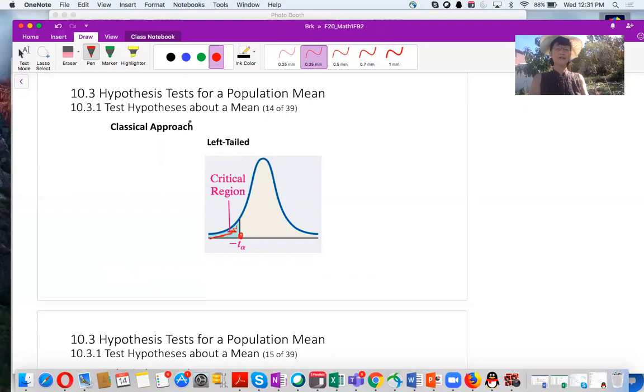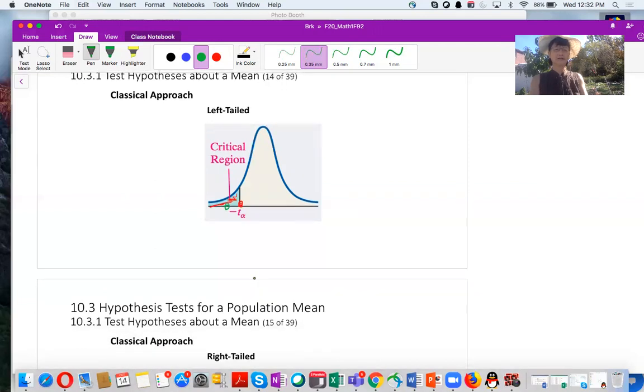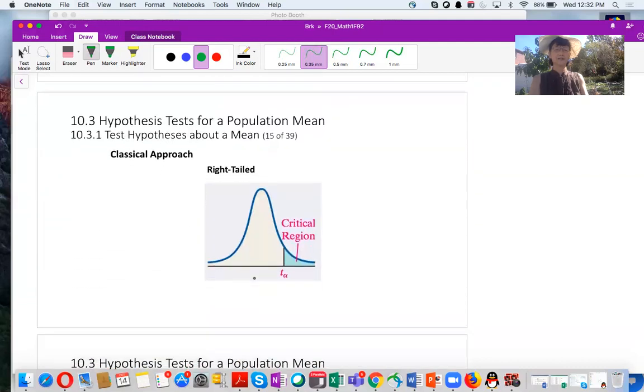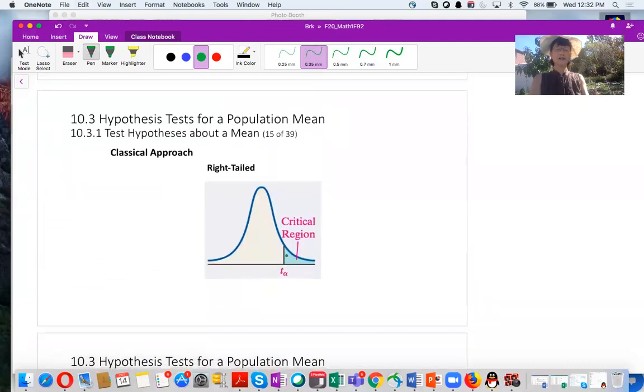If the test statistic is in the rejection region, you reject H0. So if you have a right-tailed test, and suppose this is your critical value, you need to locate where your test statistic is.